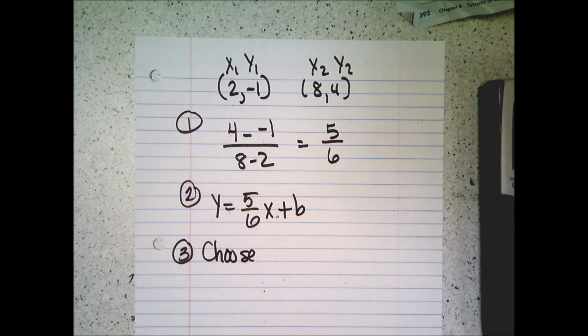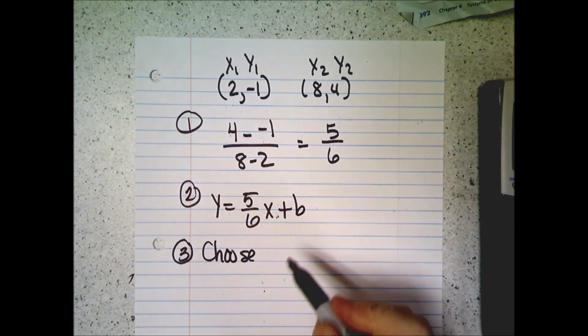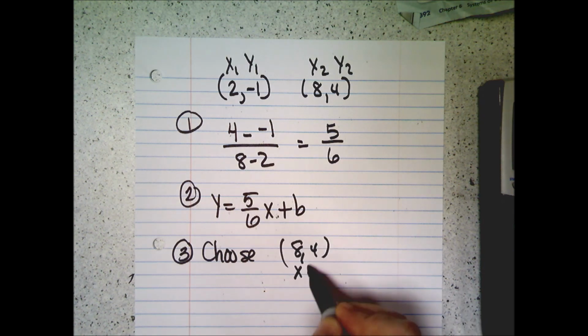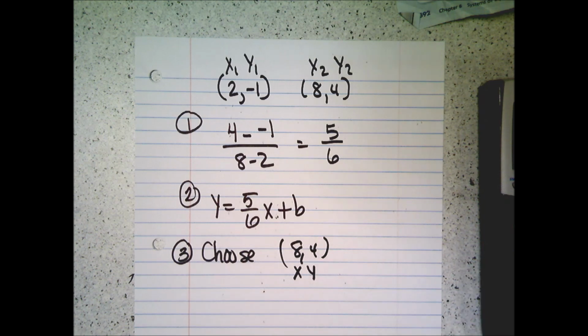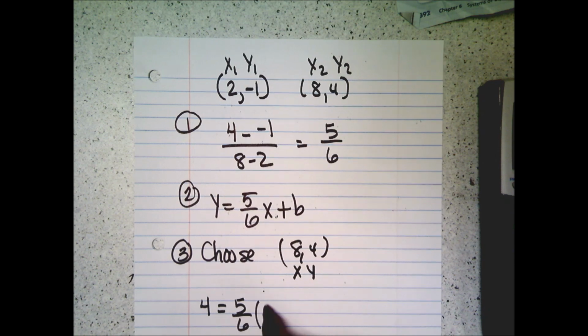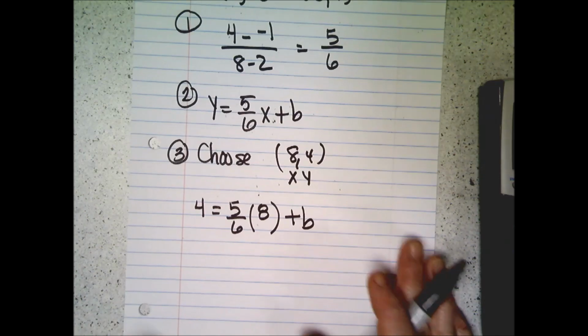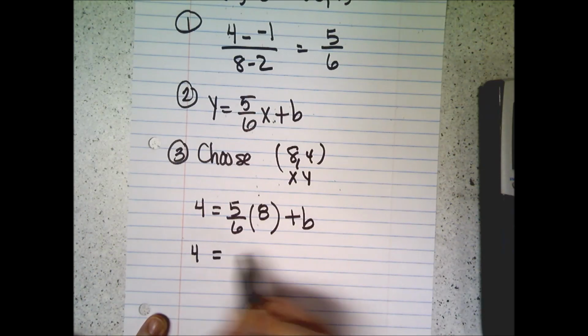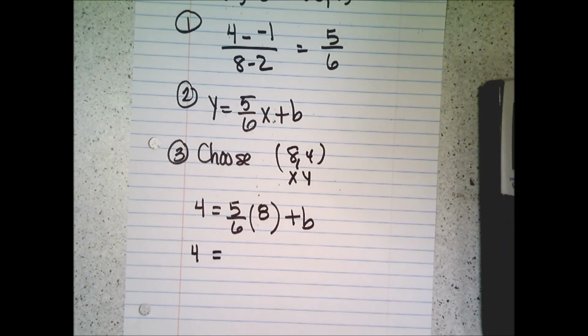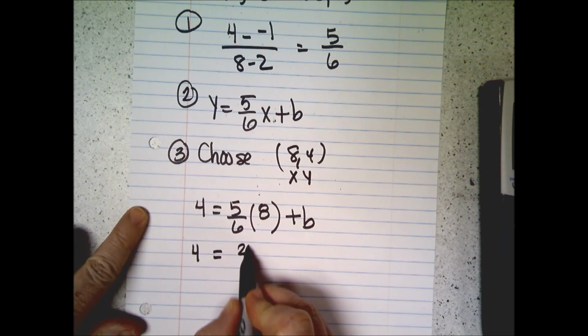Step 3, choose a point. That's x and that's y. So it's going to be 4 equals 5/6 times 8 plus b. What's 5/6 times 8? 40 over 6, 20 over 3.